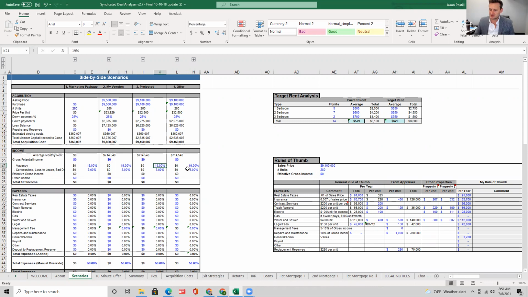Projected, let's say we get this place 93% occupied. I include bad debt or loss to lease or concessions of 3%. So what that is, bad debt is non-payments from a tenant that should have been collected that you may or may not receive, right? So could be a tenant backed up on a few months of rent. You may collect on that, but you may not.